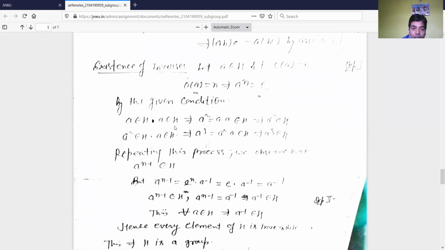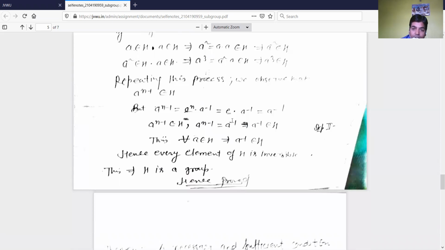By the given condition, A belongs to H, A belongs to H implies A square will also belong to H, and repeating this process, we find that A cube belongs to H and A to the power n minus 1 also belongs to H. But A to the power n minus 1 can be written as A to the power n into A to the power minus 1, that is, A to the power n is E, so that A to the power n minus 1 is A inverse. E is the identity element which already belongs to H. So A inverse also belongs to H. This shows that for all A belongs to H, A inverse also belongs to H. Hence every element of H is invertible. So H is a group.